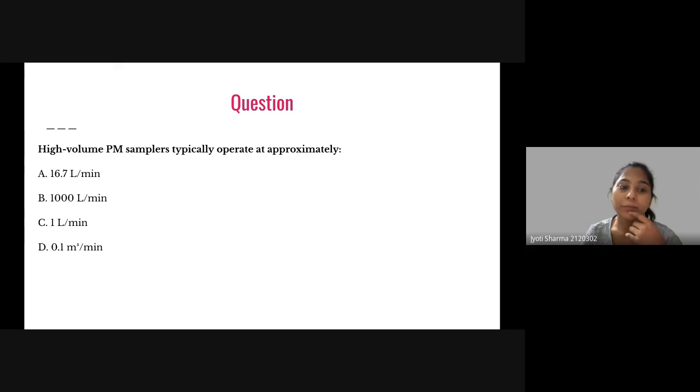Okay, next we are moving to the high volume particulate matter sampler, which typically operates at approximately what flow rate of air? 16.7 liters per minute, 1000 liters per minute, 1 liter per minute, or 0.1 meter cube per minute?